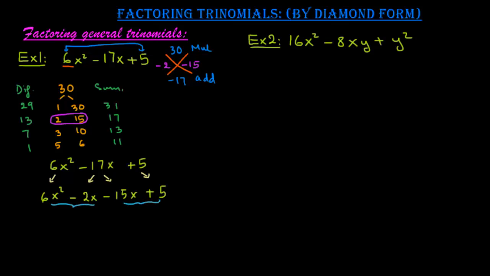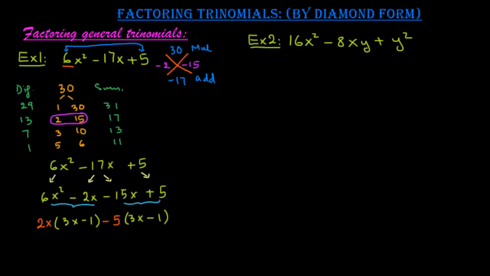The common factor of the first two terms is 2x, so I pull out 2x. That leaves me inside with 3x minus 1. And the greatest common factor of the last two terms is negative 5, so we will have 3x minus 1.